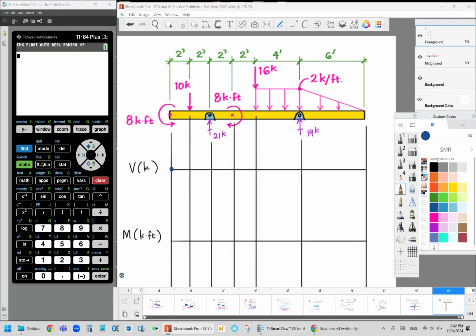And for the first 2 feet, nothing happens. Then I start following the direction of the arrows. So -10. 0 minus 10 equals. Okay, great. So I'm down to 10.